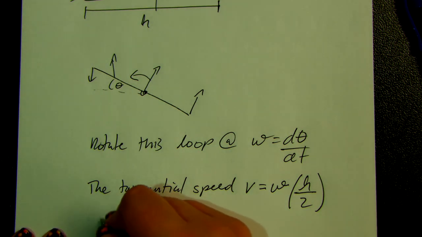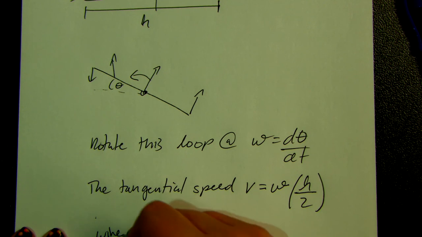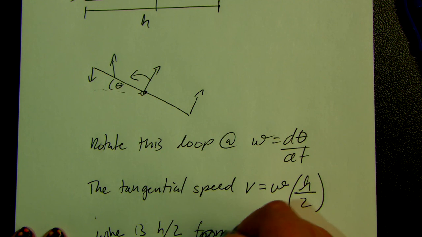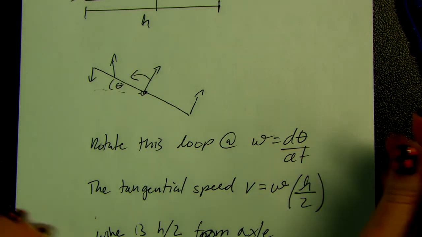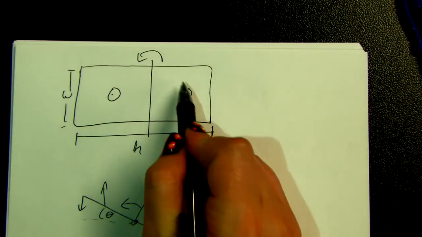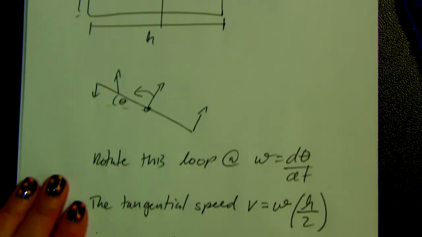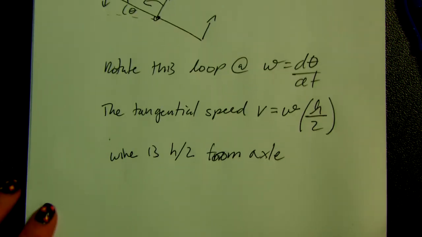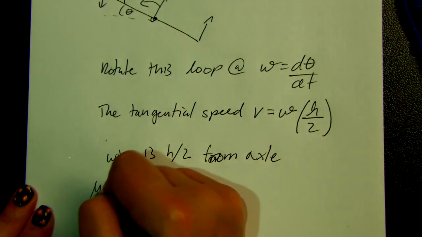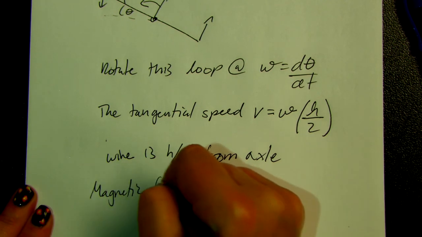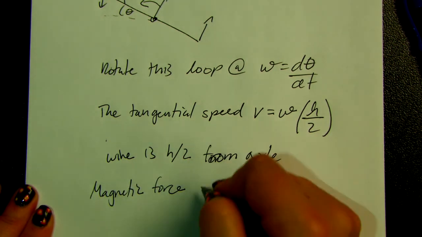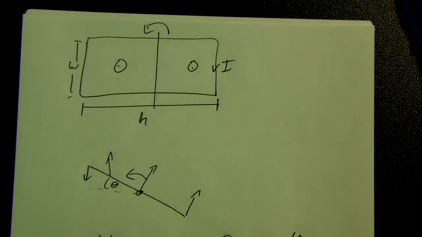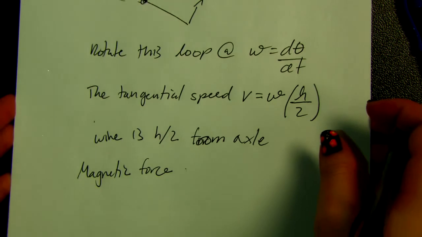And our wire is h over 2 from the axle. Our axle is right here in the middle. What we're looking at is the magnetic force on a clockwise conventional current, so same setup as before.